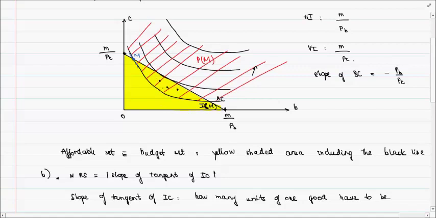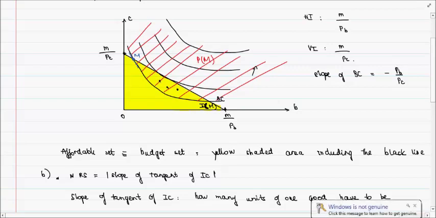So we want to show that with the same utility IM, which is the same utility as bundle M, it actually can cost the consumer less than what it costs to buy bundle M. Now as you can see, bundle M is lying on the budget constraint or the budget line, which basically means that it costs the consumer a maximum amount of income M to buy the bundle M over here. Anything on the budget line is going to cost the consumer the whole amount of income, or the maximum amount of money that the consumer has.